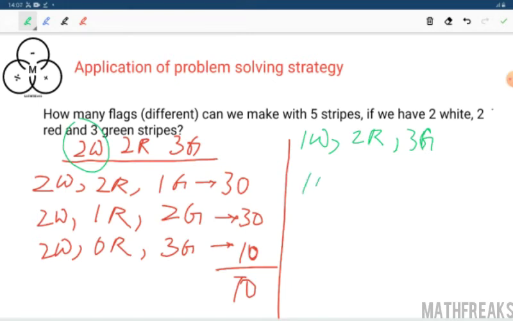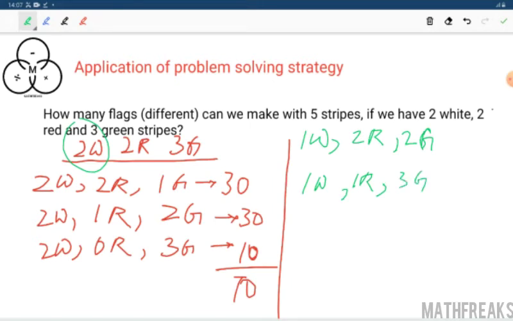Now can we consider 1 white, 1 red? Yes, we can, because here it should be 3 green. Further we cannot consider.